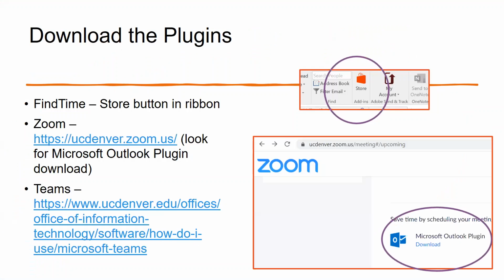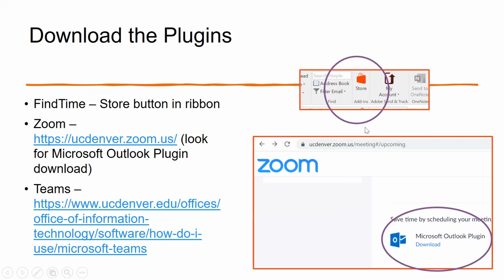Thank you. Okay, so this one, you should have this store button. Yep. And you click that, and that goes to the Microsoft plugins page, and you can pick which items you want. So that's where Find Time is. There's probably some other plugins there that you can look at. The Zoom one, I found the easiest way is from our portal.